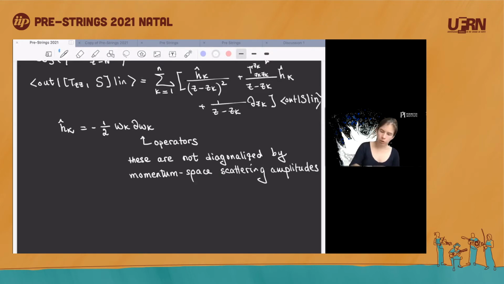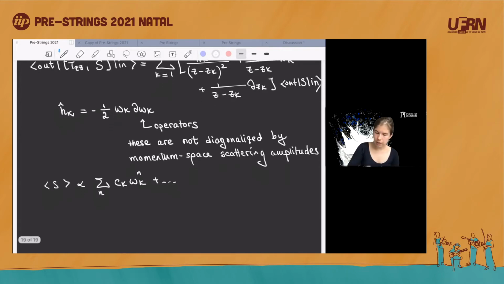So for example, you can take a simple example where you take the scattering amplitude to be proportional to some polynomial in one of the external energies, c_k omega_k to the n plus other terms.